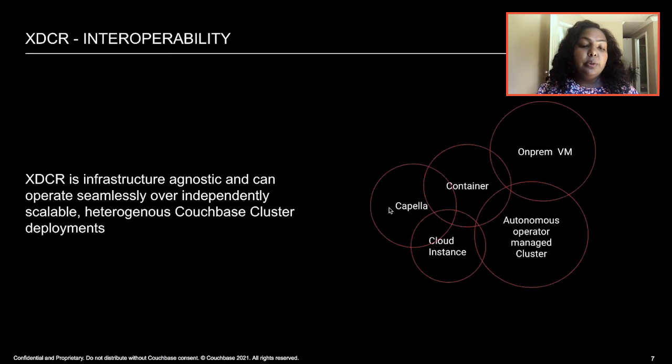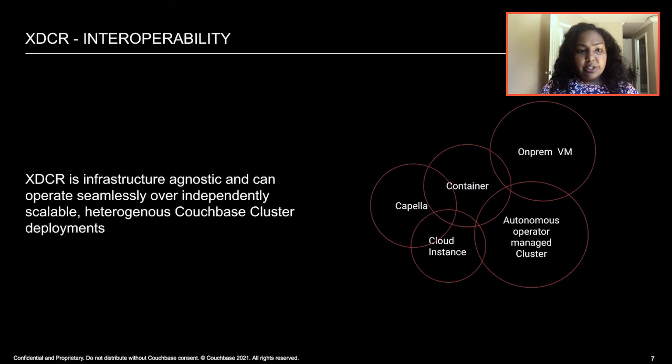And another cool thing is that once you set up XDCR, you can independently scale your source and target clusters. So you can add more nodes, you can upgrade your cluster to a higher or lower version of Couchbase. So it's very seamless and very convenient.